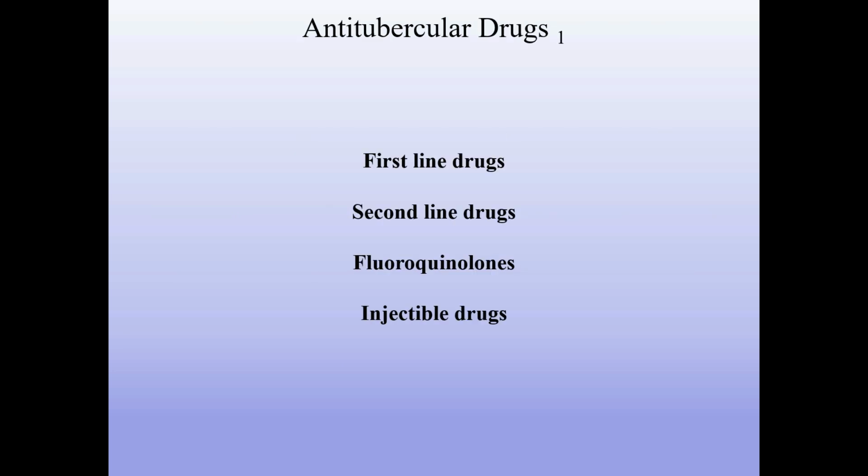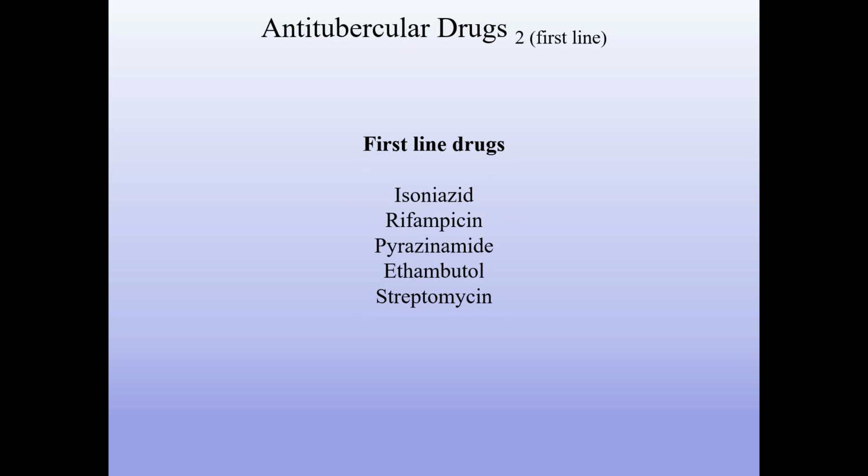The next group is antitubercular drugs. They are divided into first-line drugs, second-line drugs, fluoroquinolones, and injectable drugs. First-line drugs: isoniazid, rifampicin, pyrazinamide, ethambutol, and streptomycin.